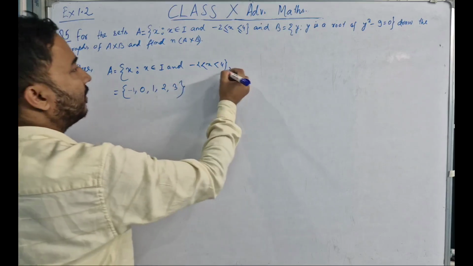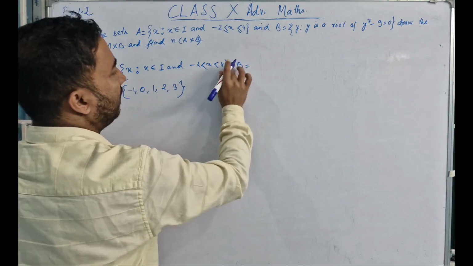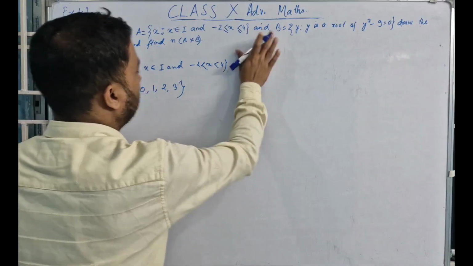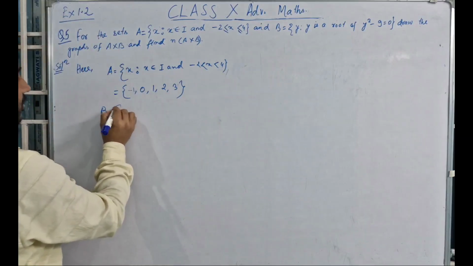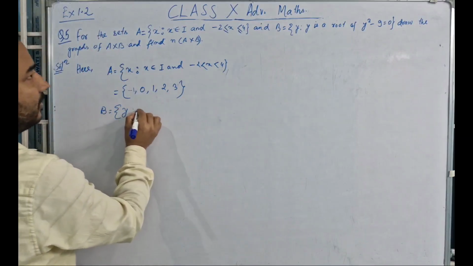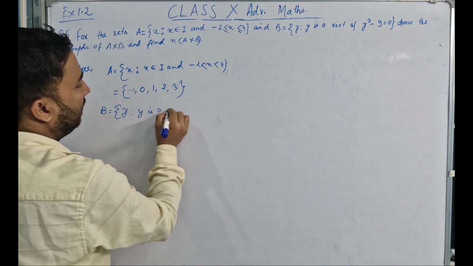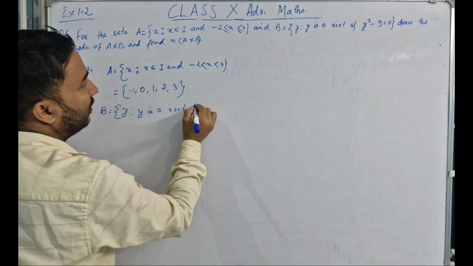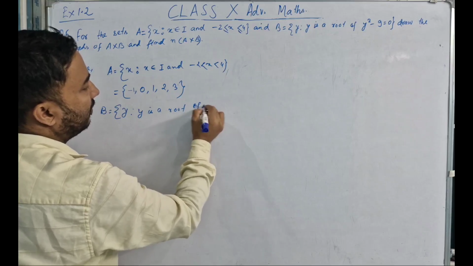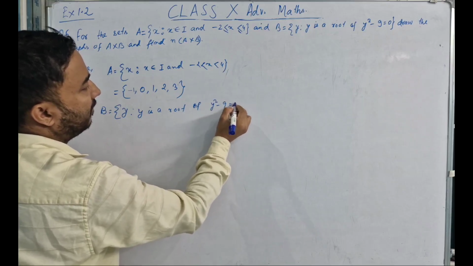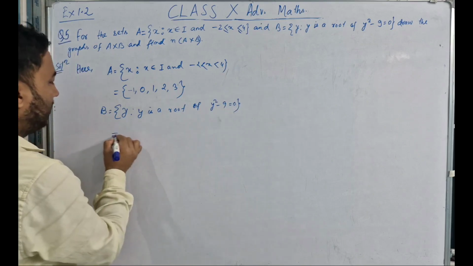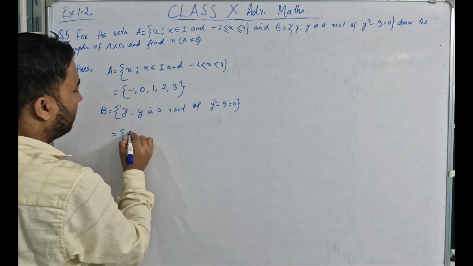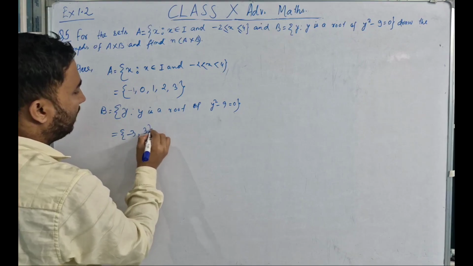And B is y such that y is a root of y square minus 9 equal to 0. This means B is equal to -3, 3, right?